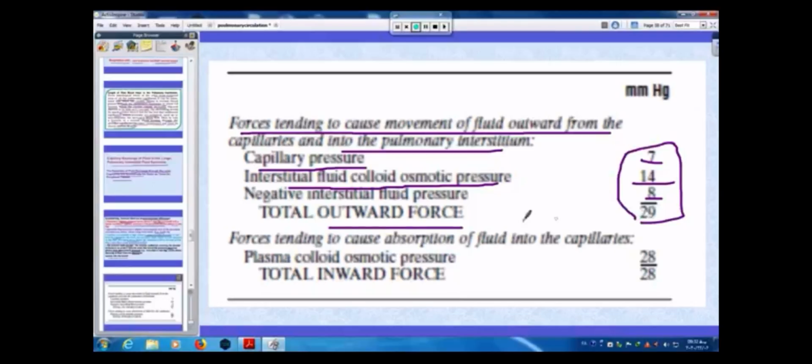Okay, for the forces tending to cause absorption of fluid into the capillaries, there is just one force, the plasma colloid osmotic pressure, which is near 28, and that means the total inward force is 28.